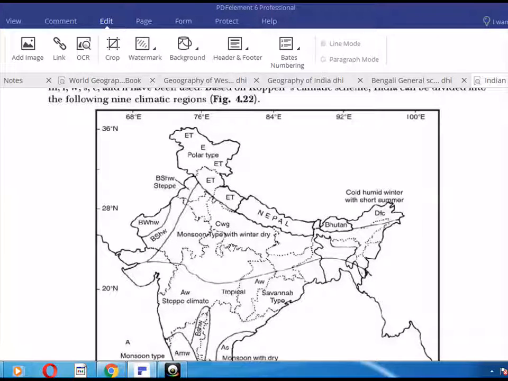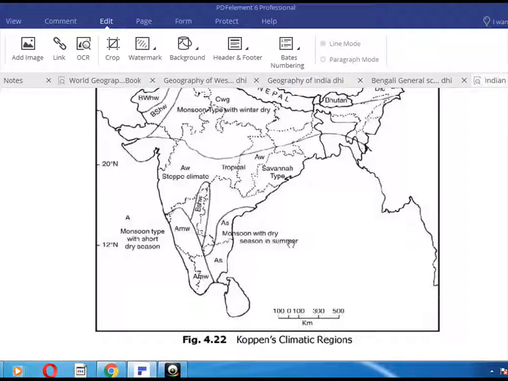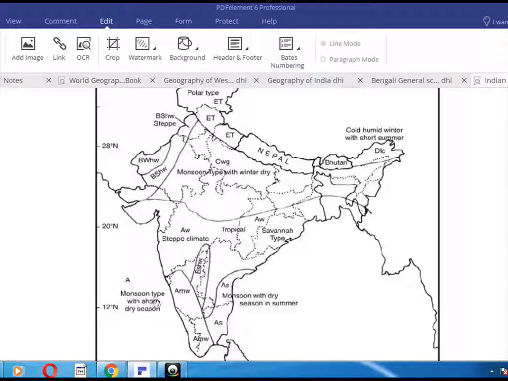Cold humid winter. Okay, monsoon type with dry summer. Here monsoon with dry seasons. Okay, As means monsoon with dry season in summer. Amw means monsoon type with short dry summer. It is savanna type, and it is tropical monsoon.